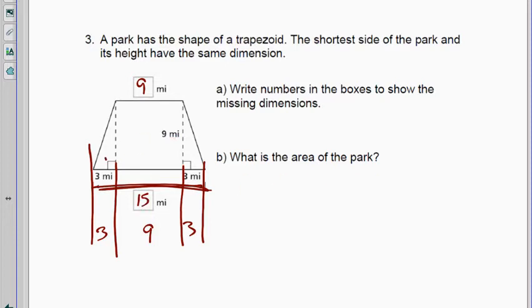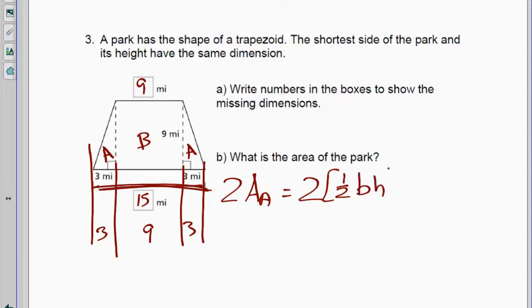Now we need to find the area of the park. I have two triangles that are congruent to each other. We'll call those A, and we have the rectangle in the middle. For the area of the triangles, the area of 2 times area A, because we have two of them, is 2 times 1/2 base times height, which is 2 times 1/2.